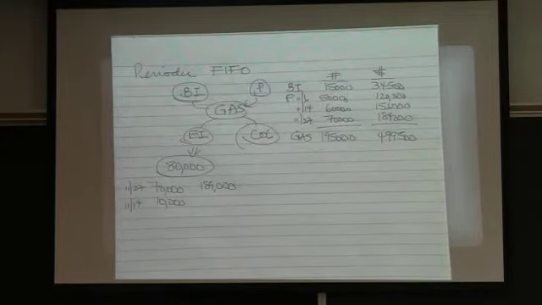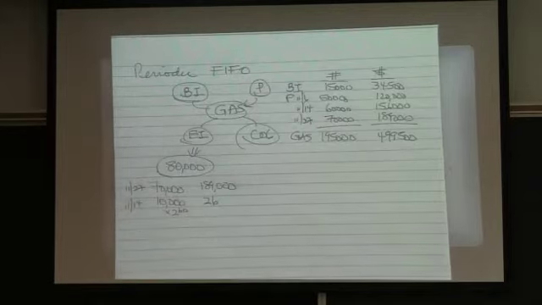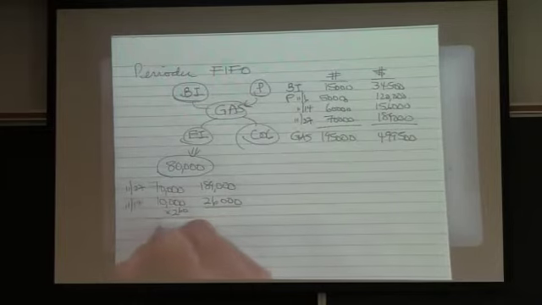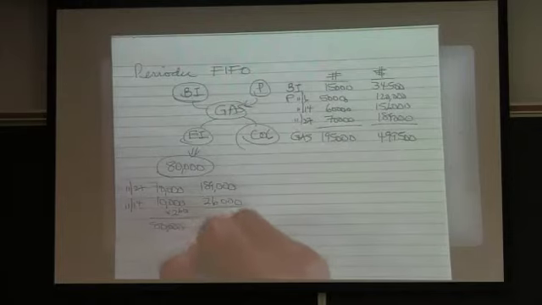The November 14th purchase was $2.60, so that's $26,000. So $189,000 plus $26,000 gives me $215,000.